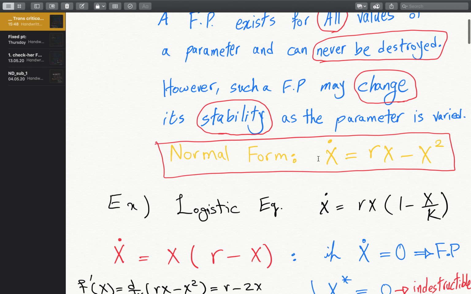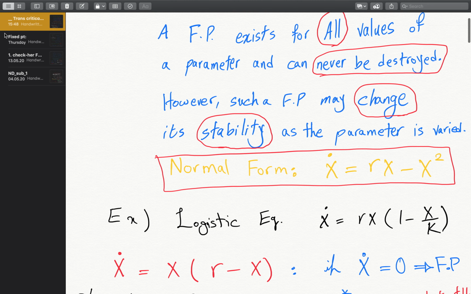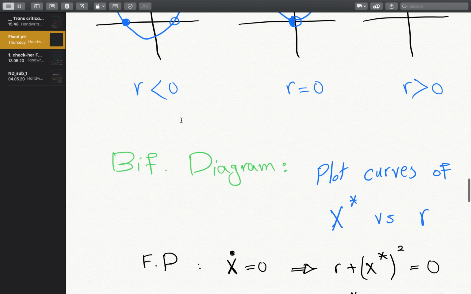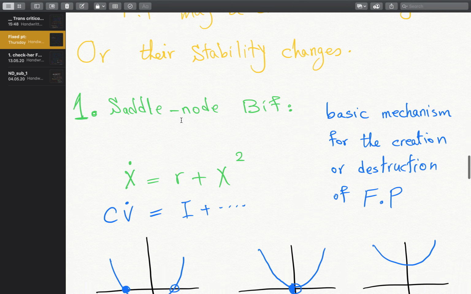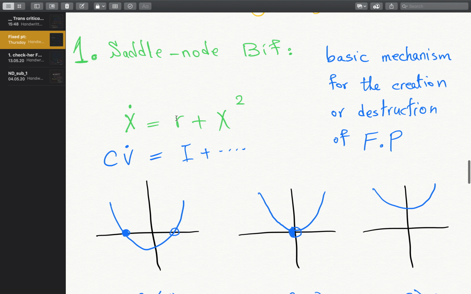So the normal form of it is x dot equal to rx minus x squared. You can see that in saddle node bifurcation, x dot was equal to r minus or plus x squared. This sign is not that important. Let me actually show you here. In saddle node bifurcation, you have r plus x squared.